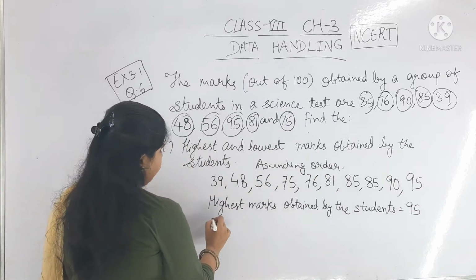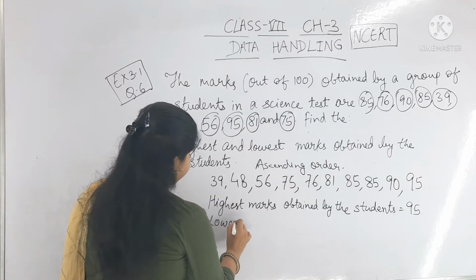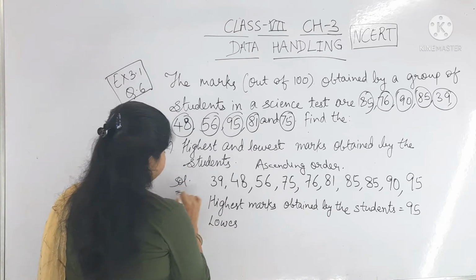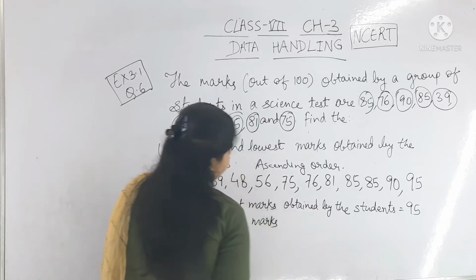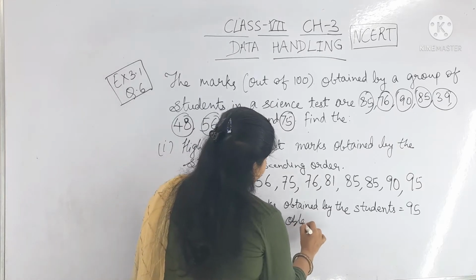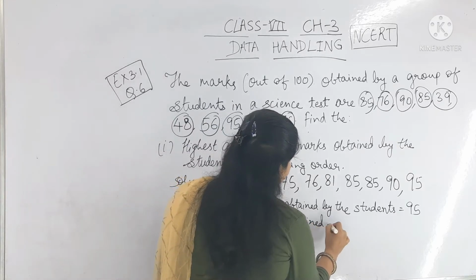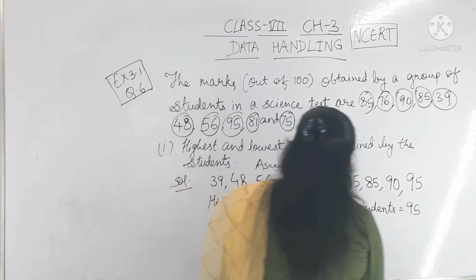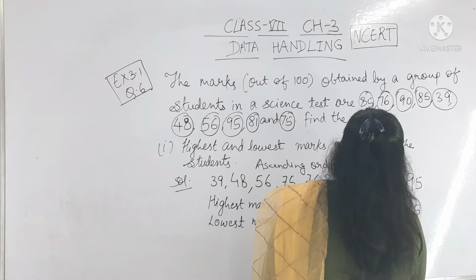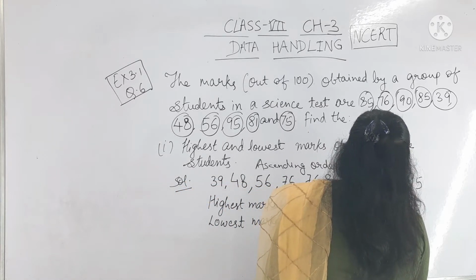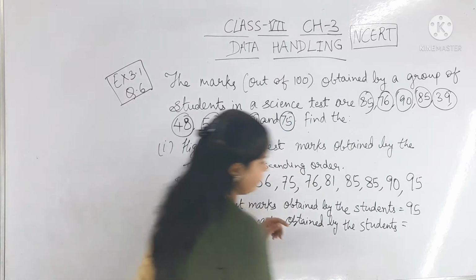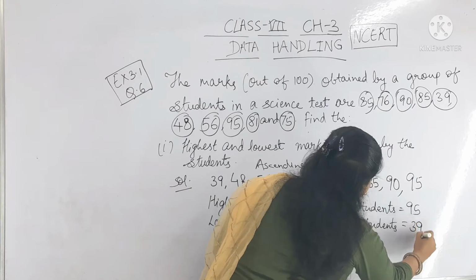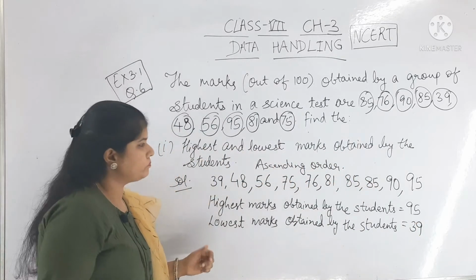You have to write a full sentence. And the lowest marks obtained by the students is equal to, which is the lowest number? Here it is 39. This is part 1.